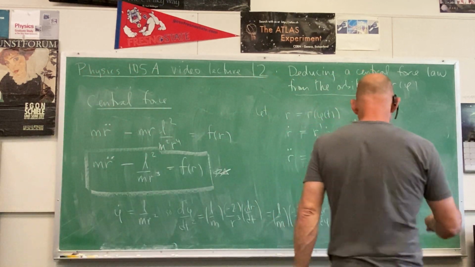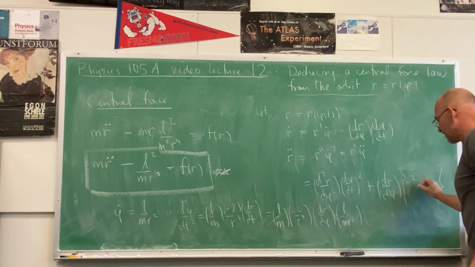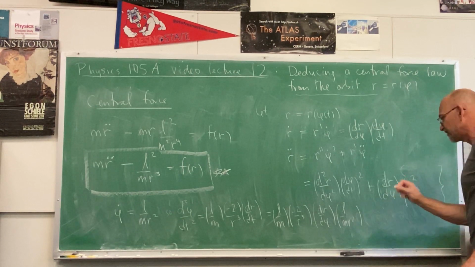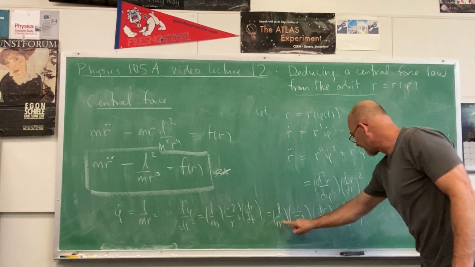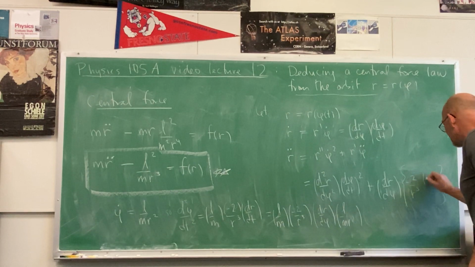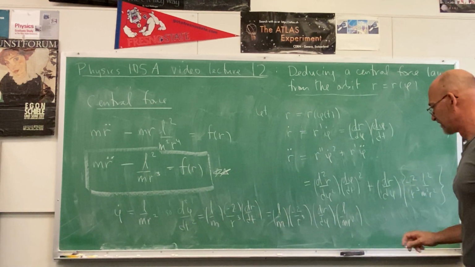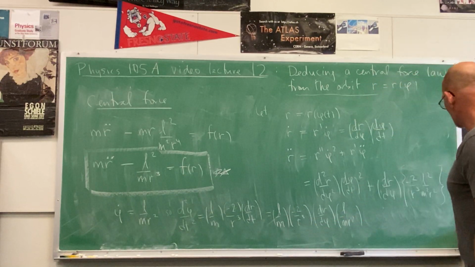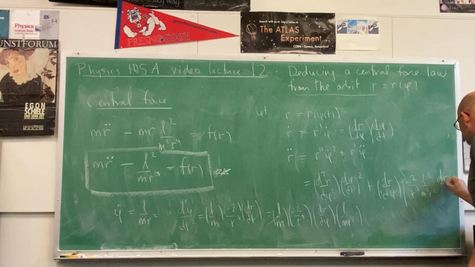We'll have minus 2 over r cubed. We'll have L squared over m squared r squared, and we'll have dr d phi, open curly bracket, dr d phi.